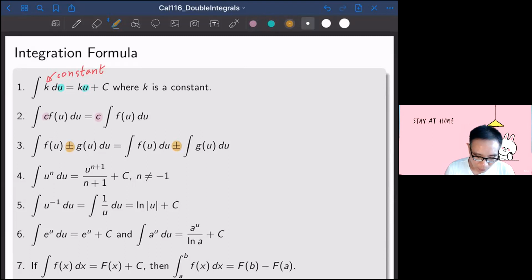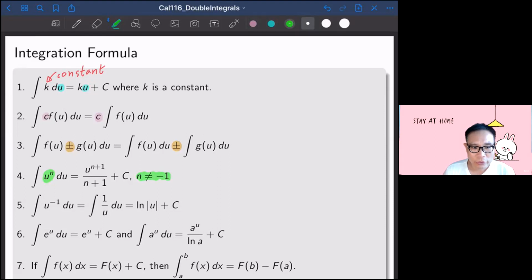And you're gonna have the power function. You integrate the power function. In this case, it's the integral of u to the n, and this n can be any number except -1. And this turns out to be u to the n plus 1 over n plus 1, okay?